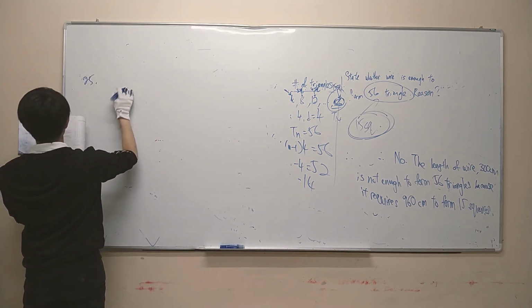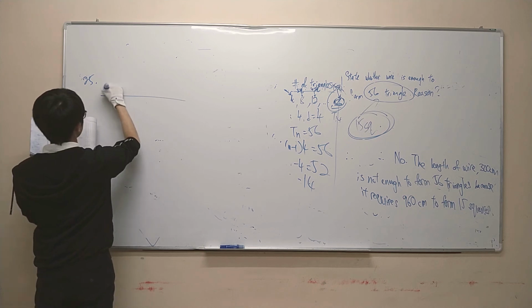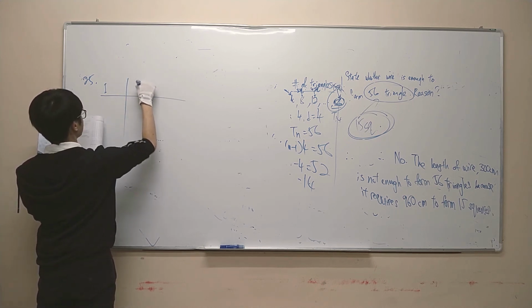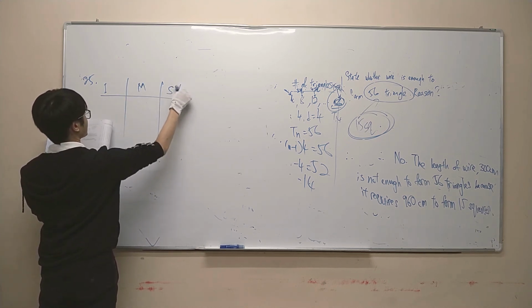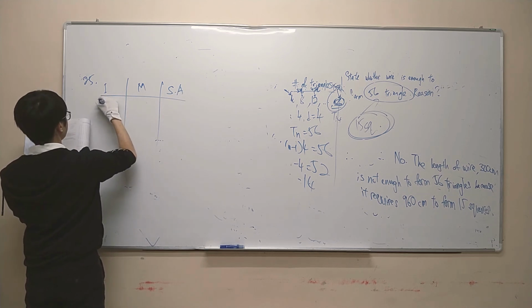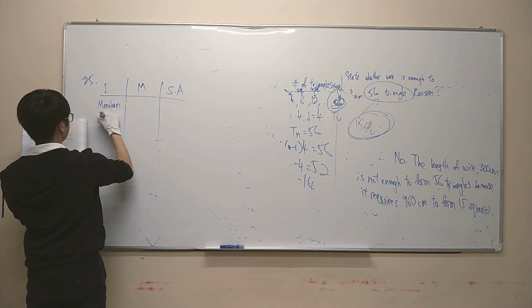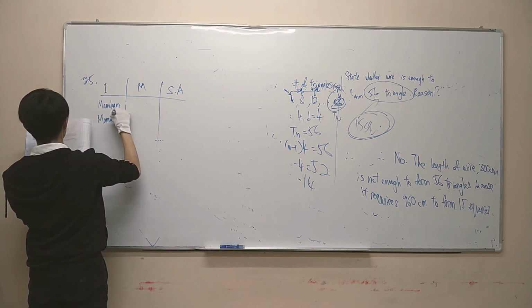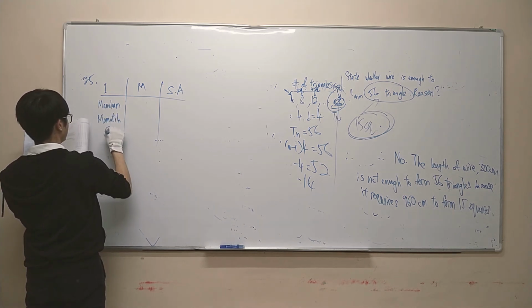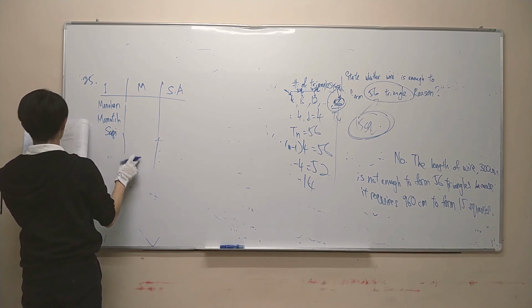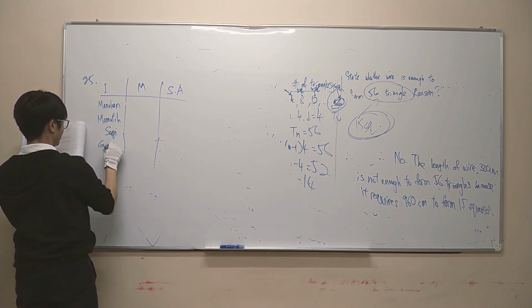Okay, 25. So, island, mountain, shopping area. Manukan Island, and then Mahute Island, and then Sapi Island, Gaya Island.